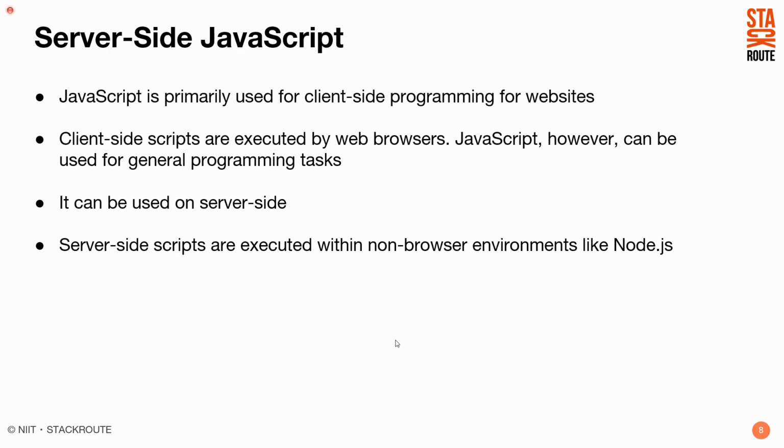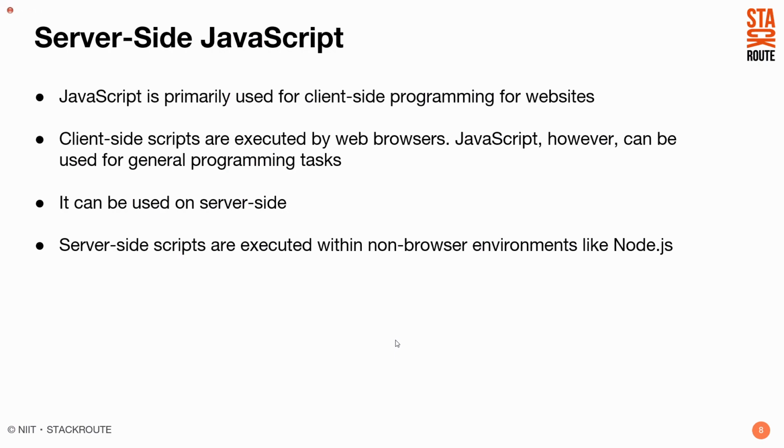Now, to run server-side JavaScript, what is required? We need to have Node installed in our system. Node is a runtime environment for writing JavaScript on the server side. So what software is required to run JavaScript on the server side? Node.